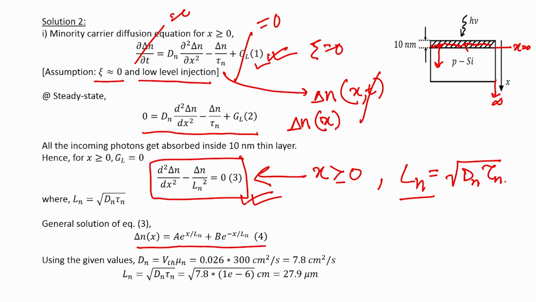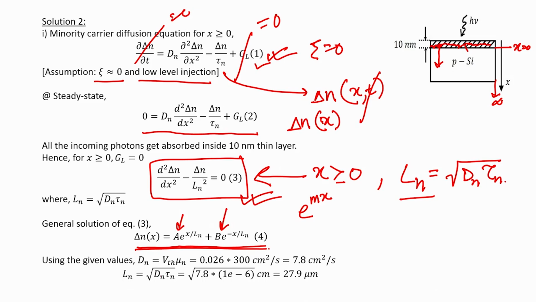You just recall your undergrad maths, where we consider a trial solution e to the power mx to solve this kind of differential equation, and you will end up with this general solution. So, now the next thing is we have to find out these two coefficients A and B by imposing a particular boundary condition.